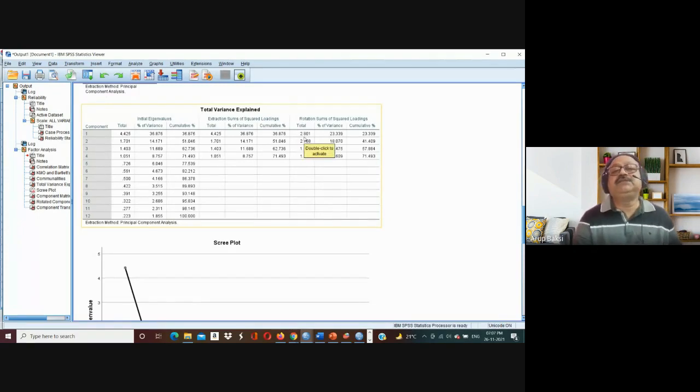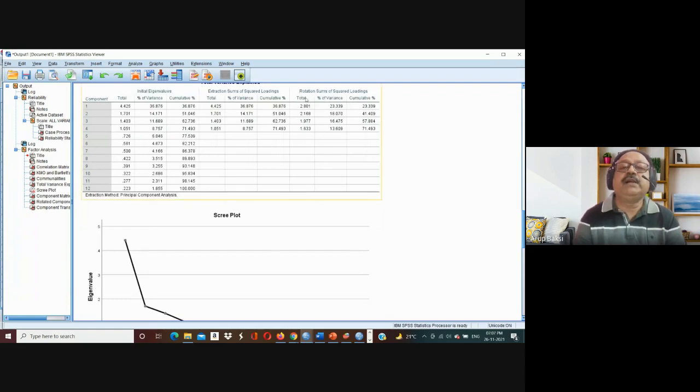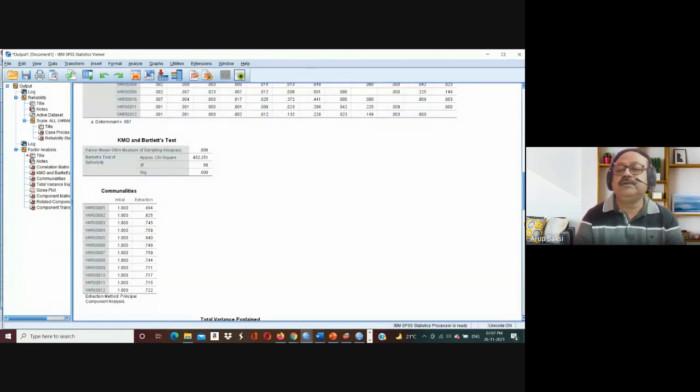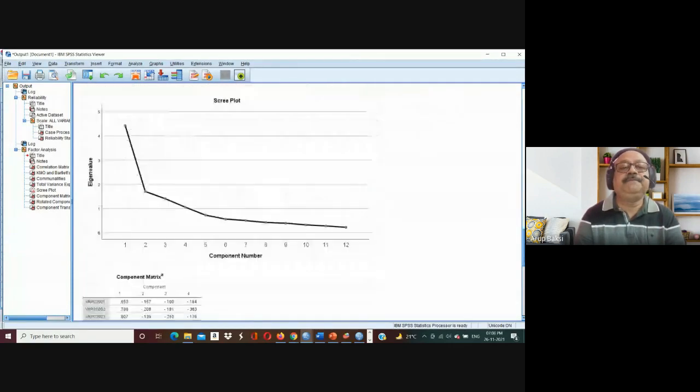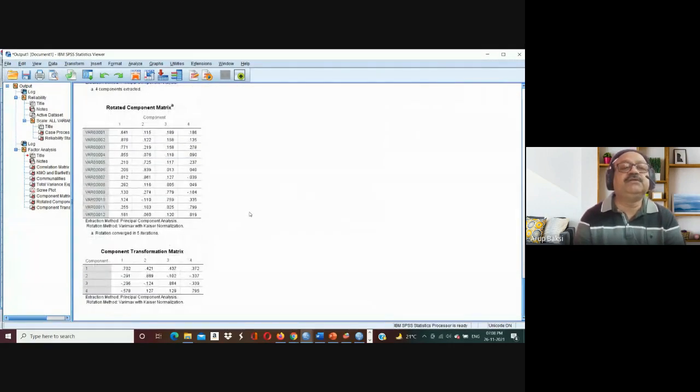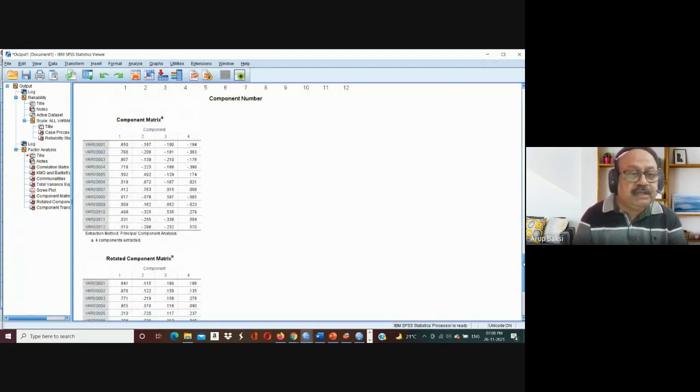Now the question is, from where is this 2.801 coming? What is the input for this particular figure? If you come down to the rotated component matrix, see, when we calculated the communality, we considered the component matrix, that means before the rotation.